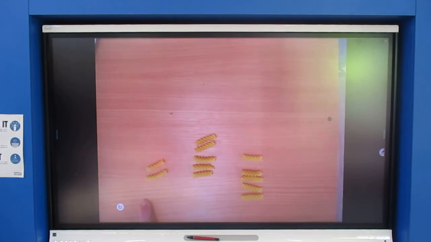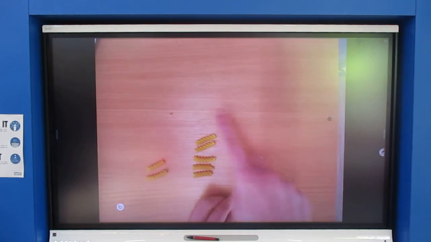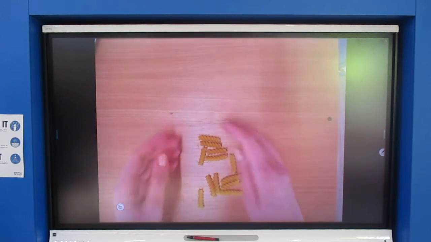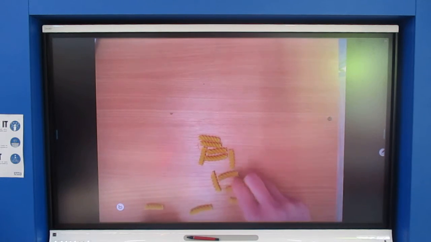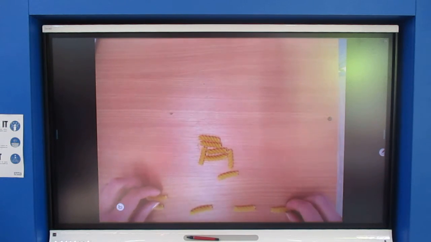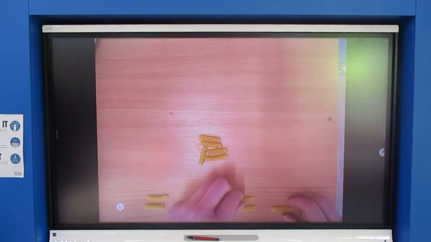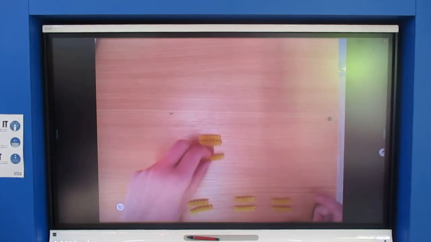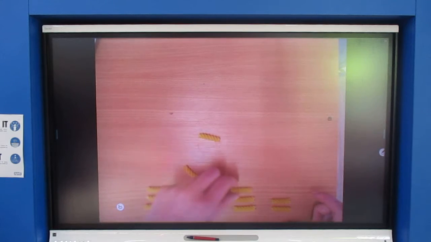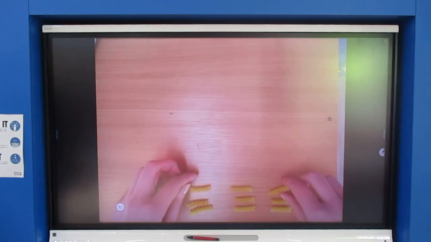Let's try this time 4. Shall we try 4? So we've still got 12, haven't we? So put them all back together. Let's try 4. 1, 2, 3, 4. 1, 2, 3, 4. 1, 2, 3, 4.